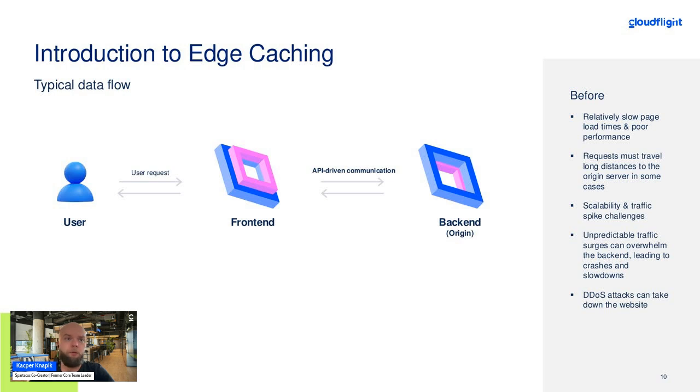So, typical flow: we have a user. The user is talking to the front end, and then the front end talks to the backend. You can see that there is an origin under the backend. When I talk about origin, I mean the backend server, or the server in general.